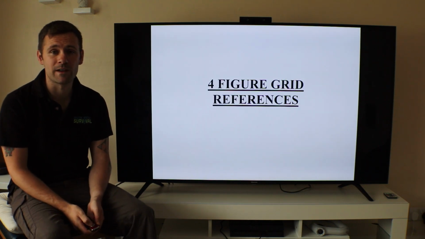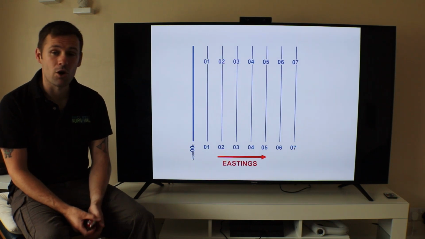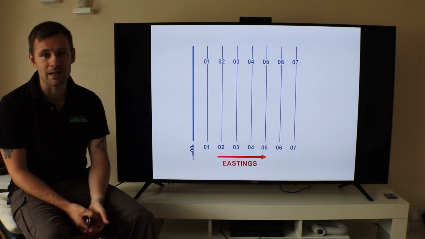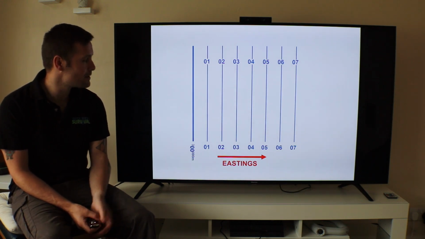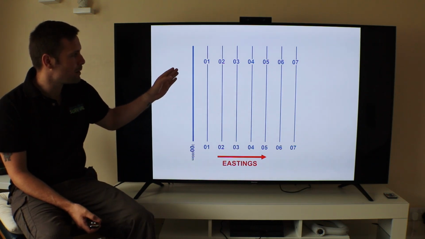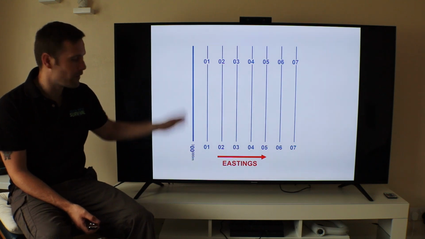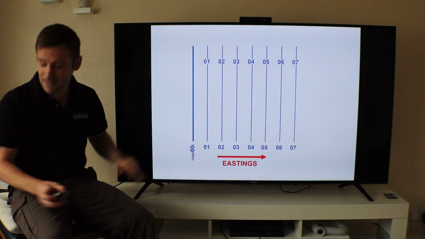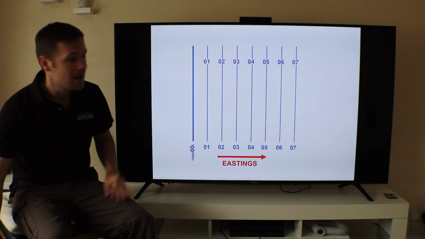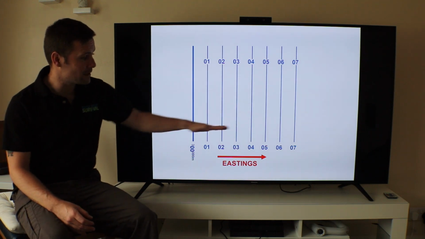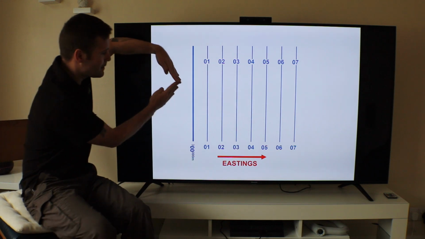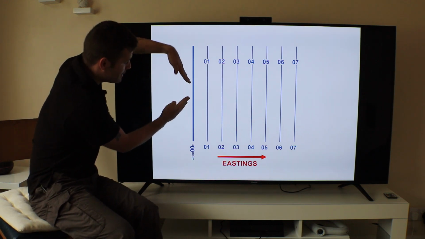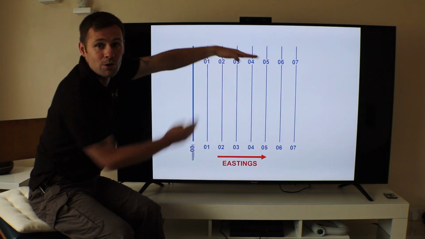So how do we give a 4-figure grid reference? We always give the easterns first. People still struggle to understand this; when giving easterns, people get mistaken because the lines are facing up north. But look at it like this: imagine these lines, your easterns, as little arrows pointing towards the east.